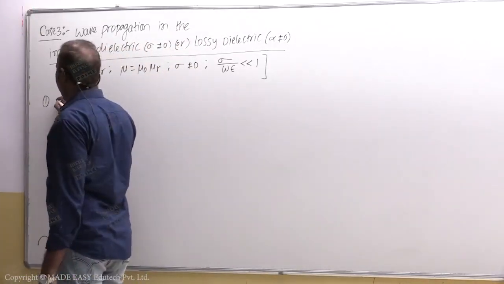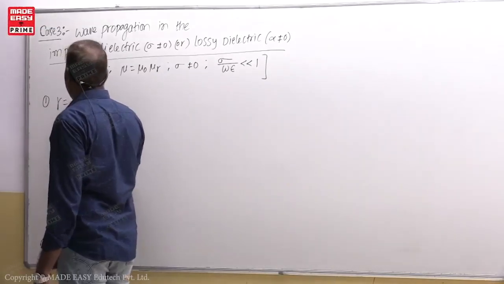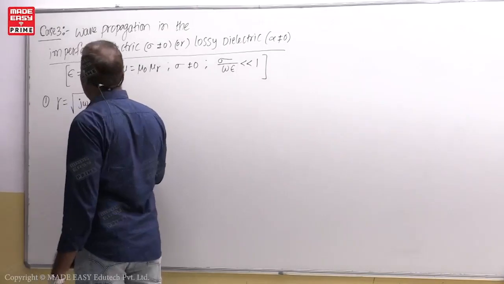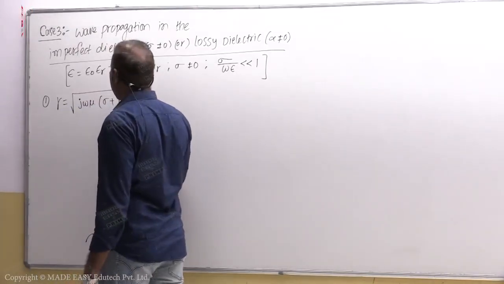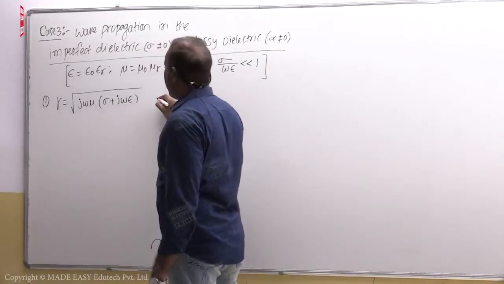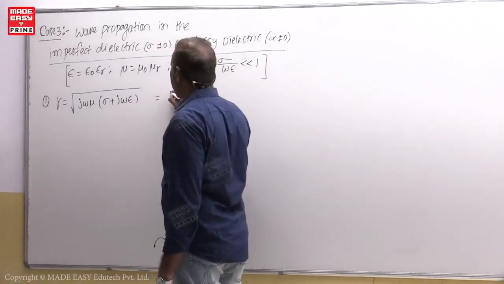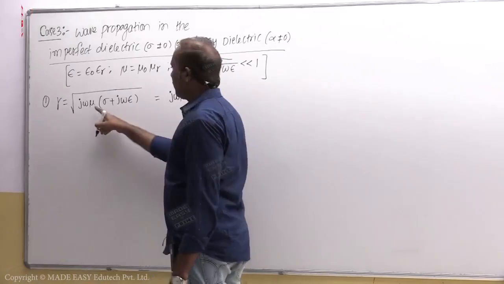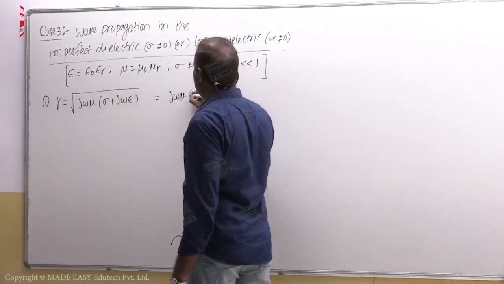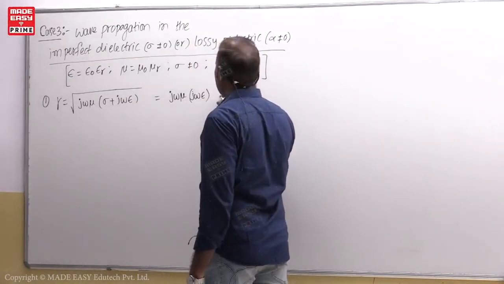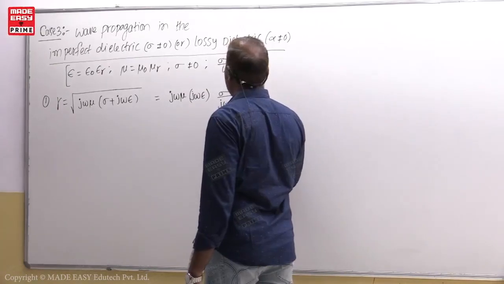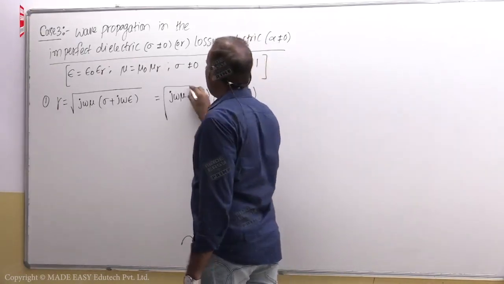So first, gamma is equal to root of j omega mu into (sigma plus j omega epsilon). This is the general formula. Now what I am doing here: from this, j omega epsilon we are pulling out, so (sigma by j omega epsilon plus 1) under the root.